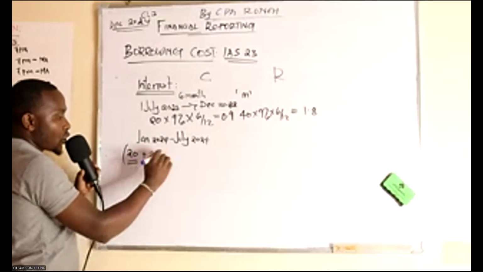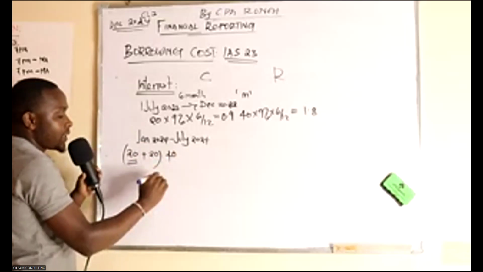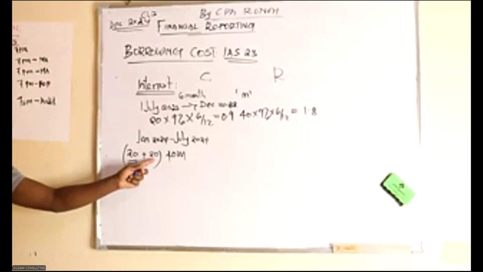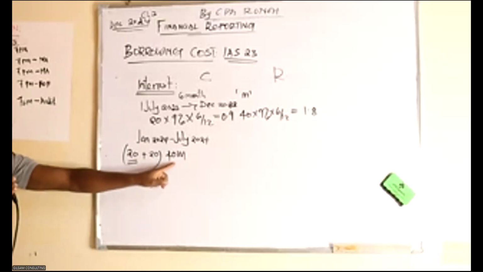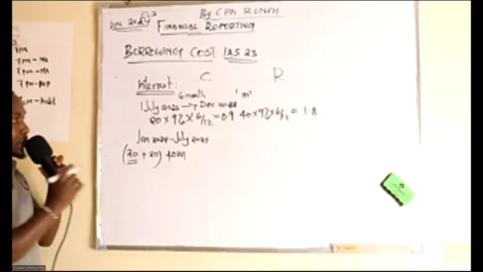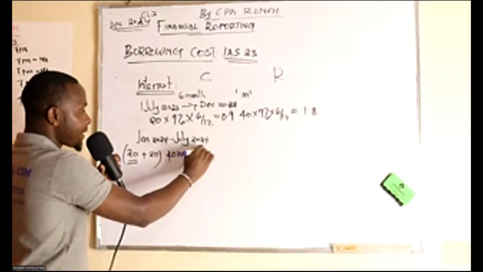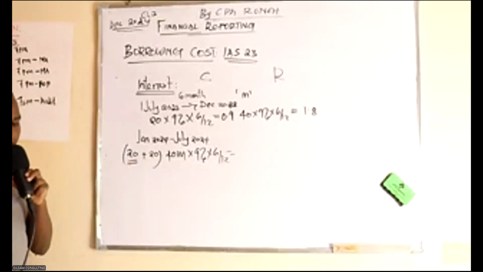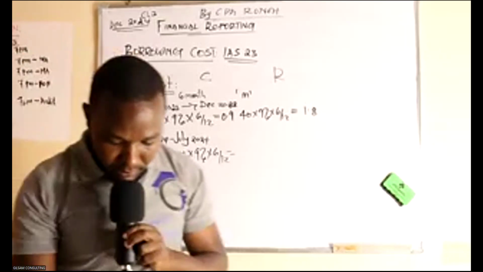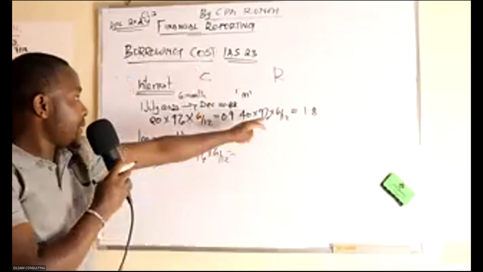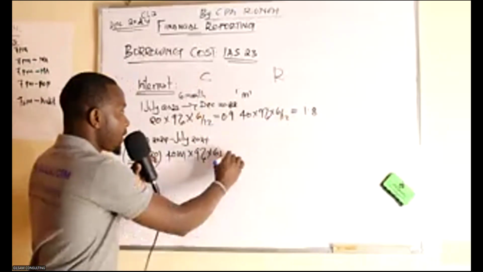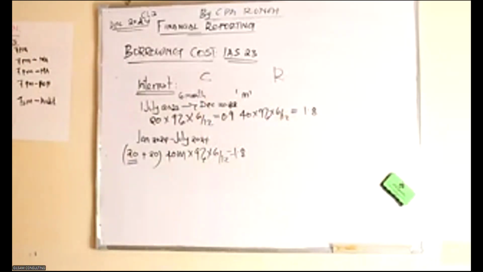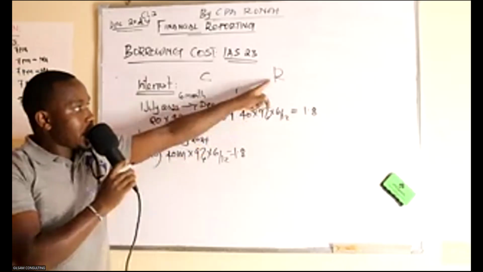So our total cost here will be 40 million, the first 20 and the second 20. And then we multiply by the rate, 9% times 6 over 12. How much does that give us? I think it will be the same as this, 1.8.